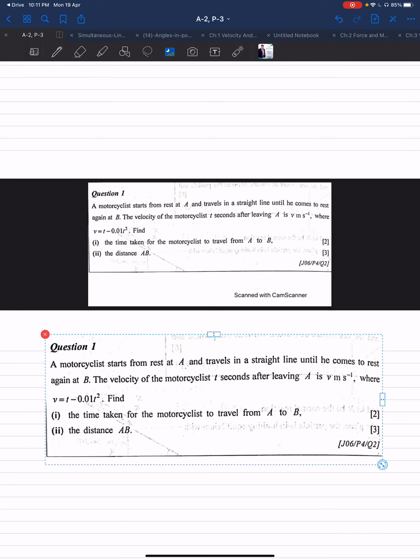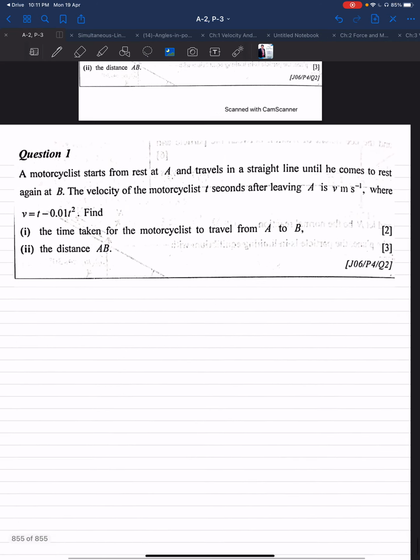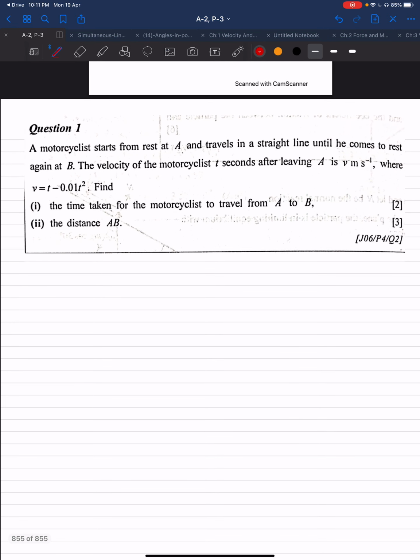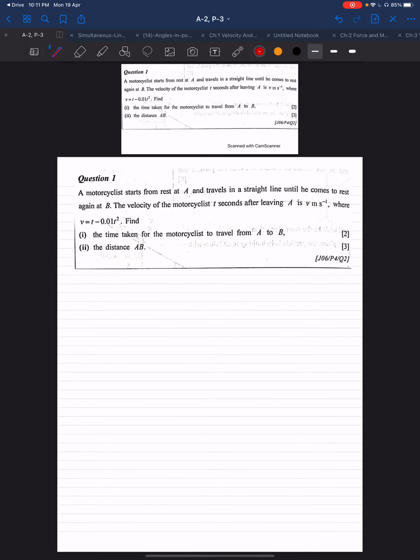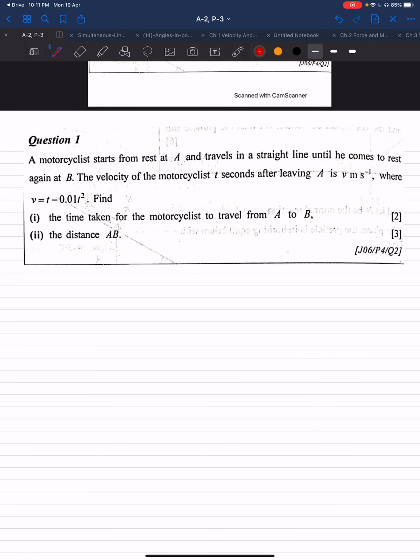We'll paste it here. This is a question from 2006, question number two, paper P3, pure mathematics, this is mechanics paper four.